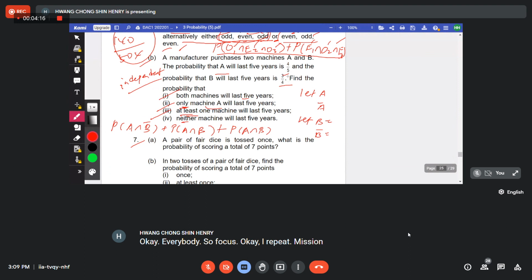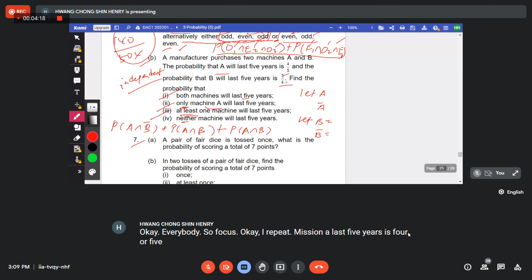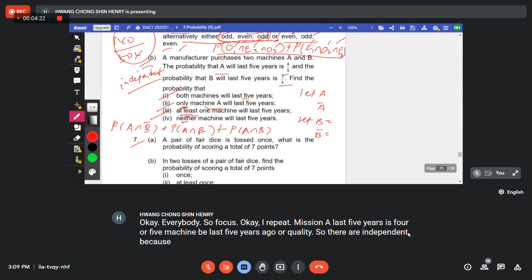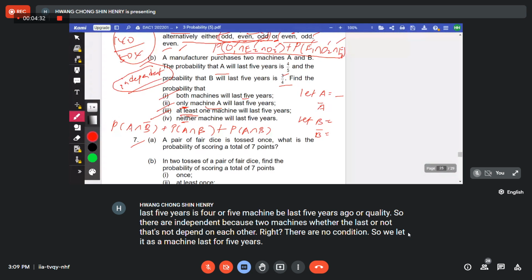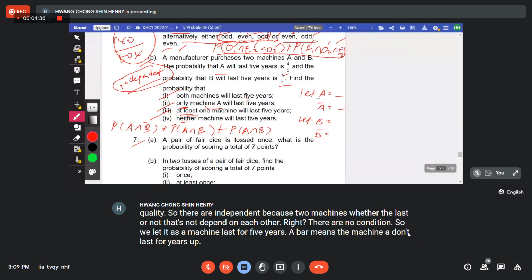Machine A lasts 5 years, the probability is 4/5. Machine B lasts 5 years, the probability is 3/4. So they are independent because for 2 machines, whether they last or not does not depend on each other. Right? There is no condition there. So we let A be machine A lasts for 5 years. A bar means machine A doesn't last for 5 years. Okay, opposite.